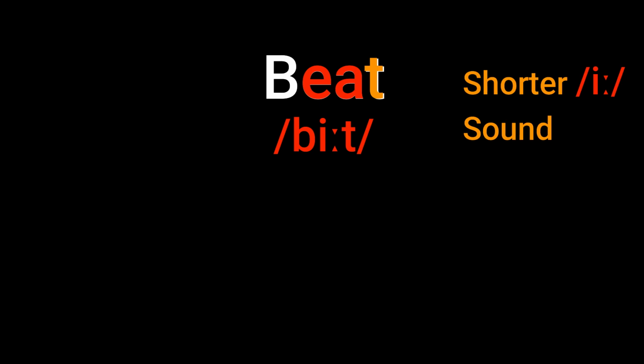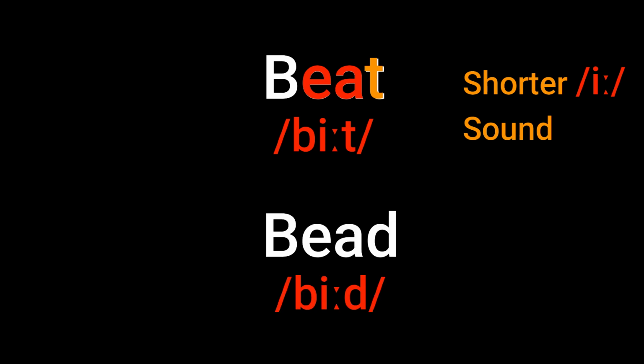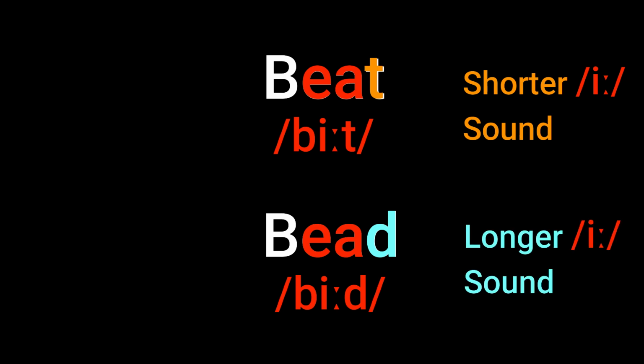In the word beat, we have the vowel sound E followed by the strong consonant sound T, which is said with more force, so the E vowel sound is slightly shorter. Now let's compare to the word bead. There is the same vowel sound E, but it is followed by the weak consonant D, which is produced with less force, so the E vowel sound is slightly longer.